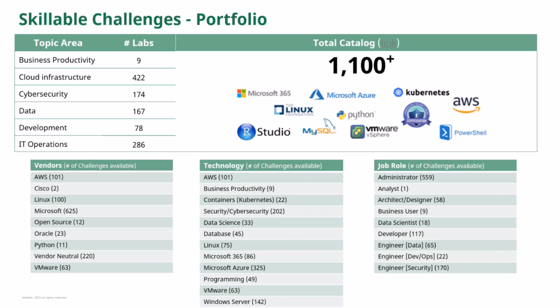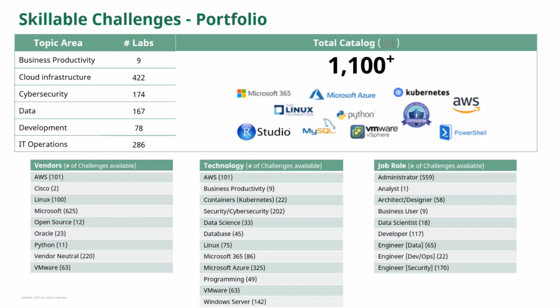What I've got up here is our portfolio in a couple of different ways. In the upper left, you see a grouping by topic area, whether it's cloud or straight up IT ops. Then you can see a more granular level listed below, by job role.